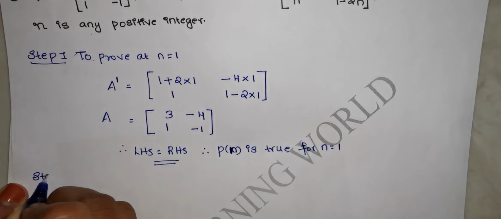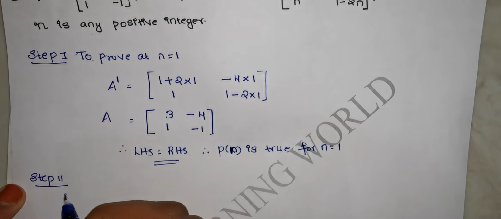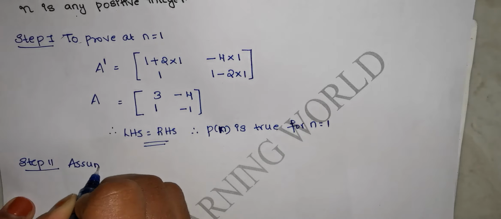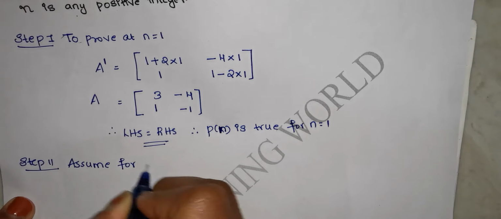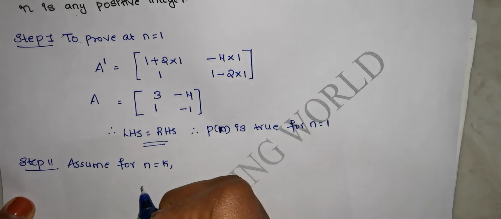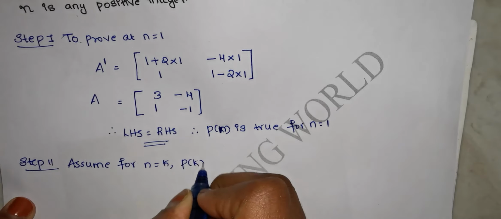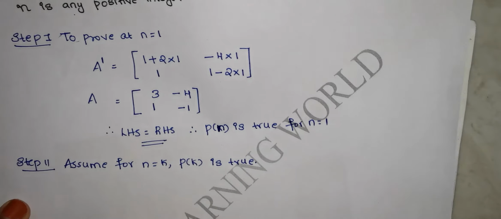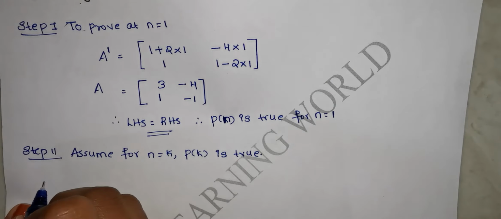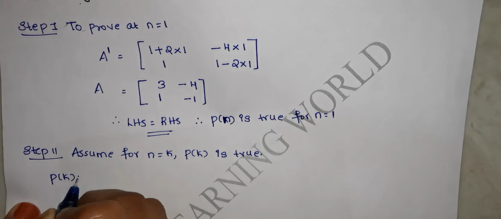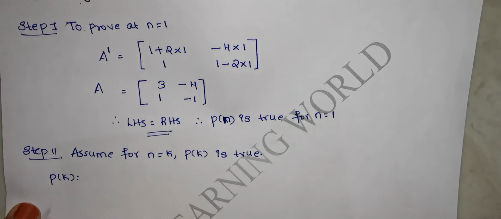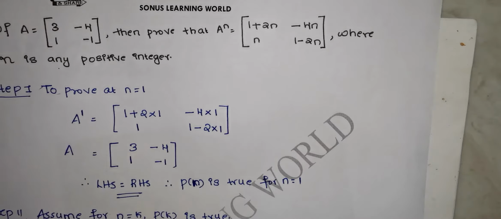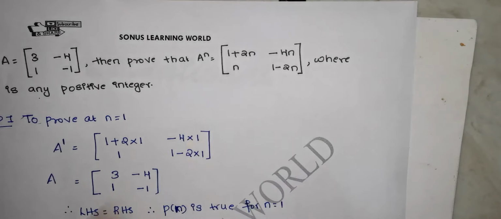Step 2: Assume for n is equal to k, P of k is true. So what is our P of k? Here, instead of n we can substitute k.